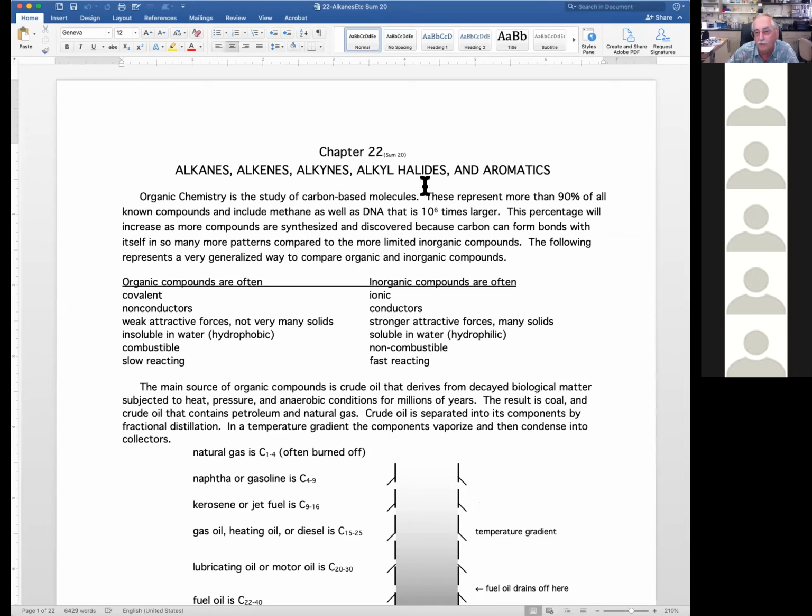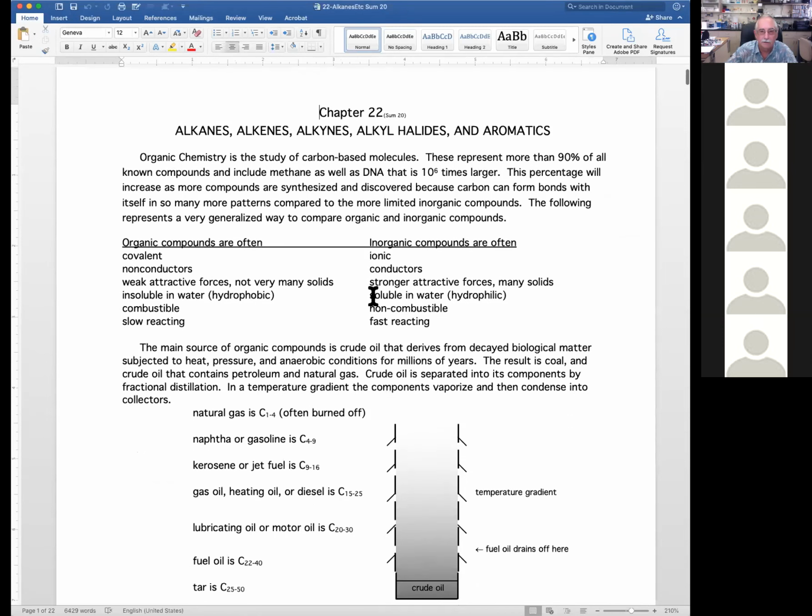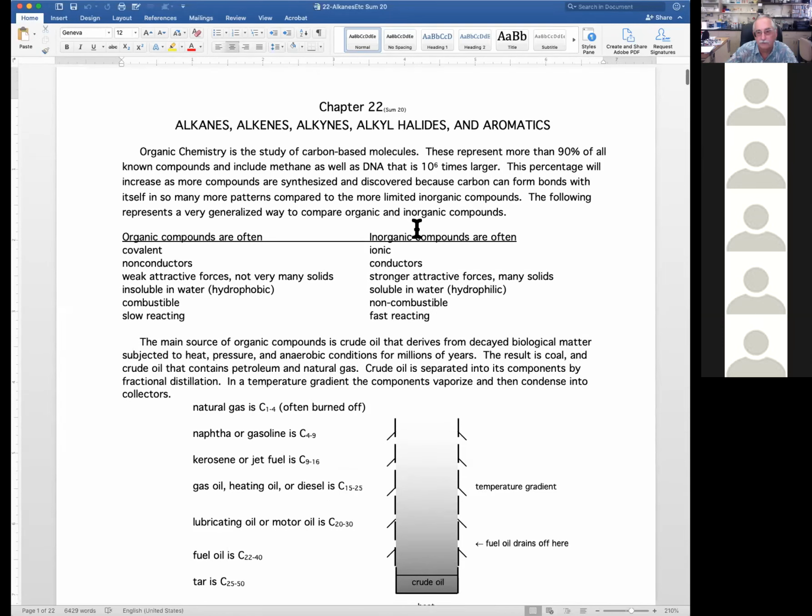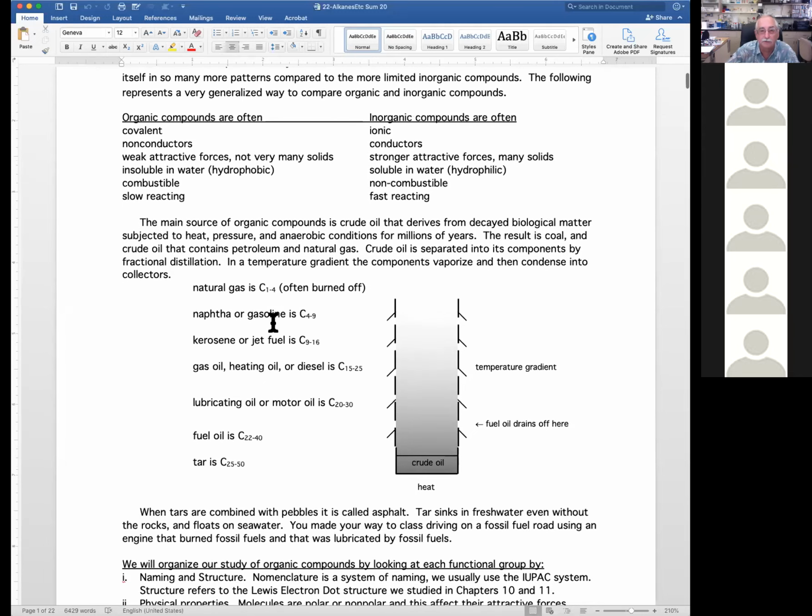Like methyl chloride, and aromatics like benzene. And so there are some generalities we can make between organic compounds versus inorganic compounds. They're not the greatest way of describing things. So you can find inorganic compounds that say are combustible, but most of them are not. And most of these are.